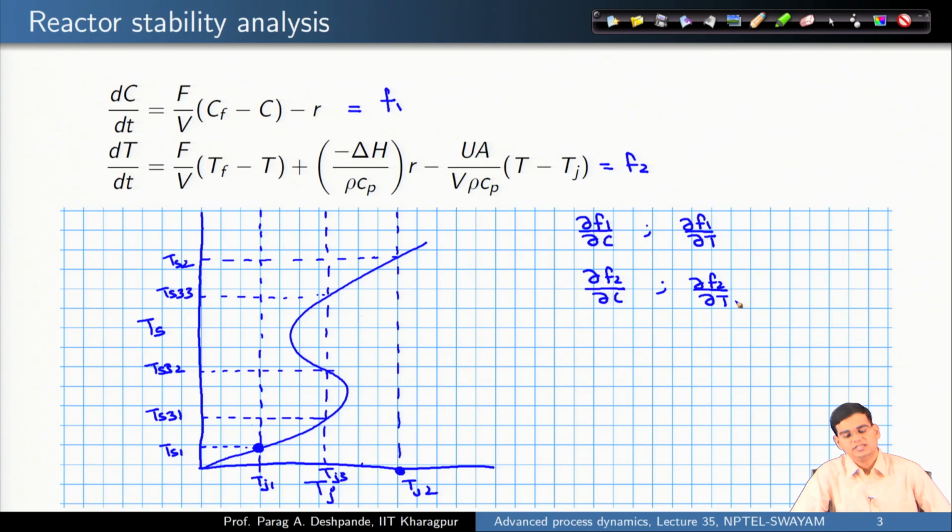All you need to do is write equations corresponding to functions f1 and f2 as functions of c and T. So, r would be converted to k0 e to the power minus E upon R T, c already is there, and then you do partial differentiation with respect to c and T. When you do this, you can write a Jacobian matrix.